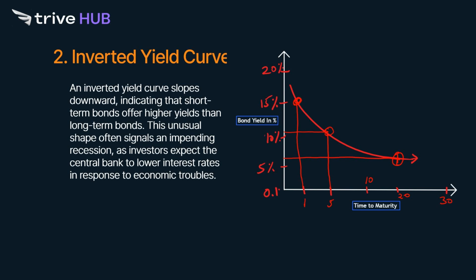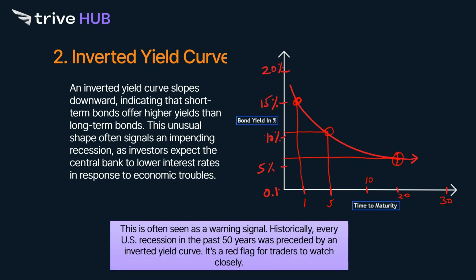And if you look, the economy is showing a warning signal. Historically, every US recession in the past 50 years was preceded by an inverted yield curve. It's a red flag for traders to watch closely.